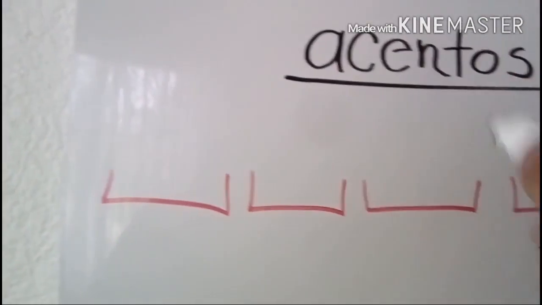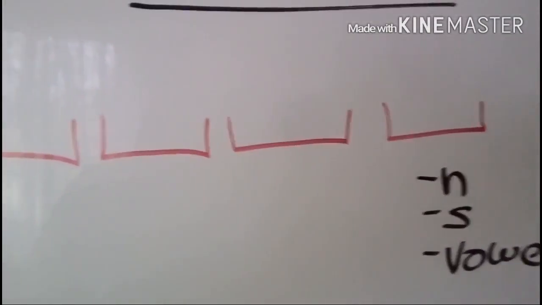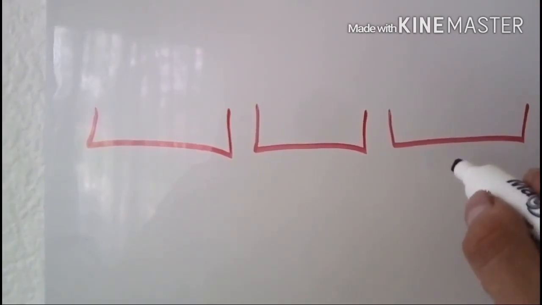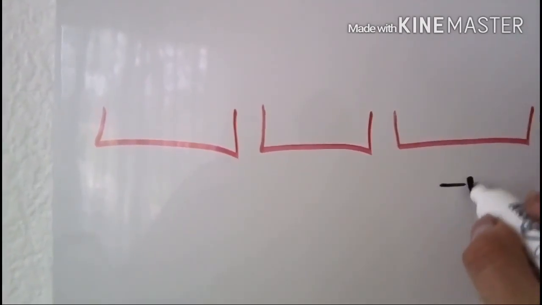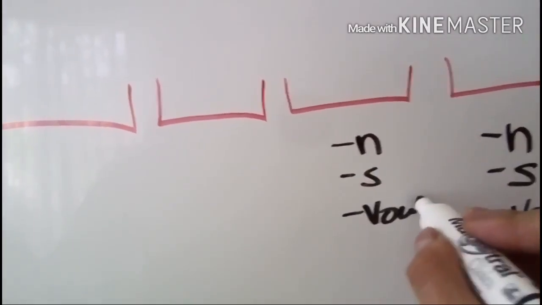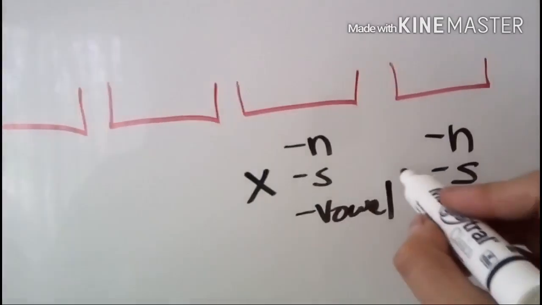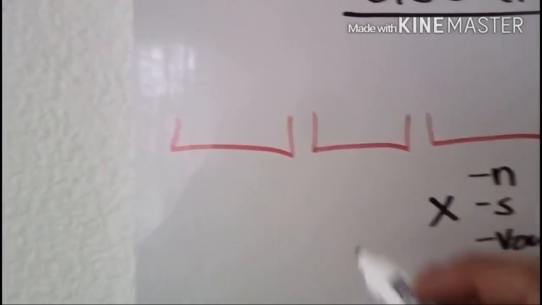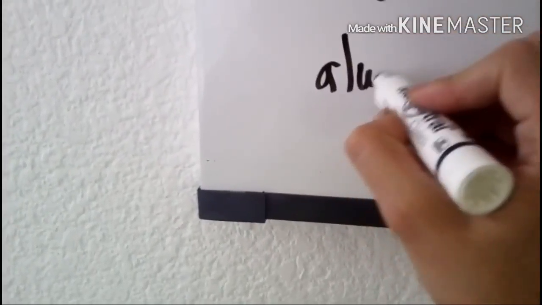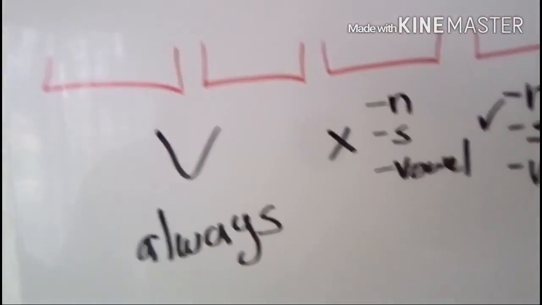If this penultimate, or previous, syllable ends in something different from N, different from S, and different from a vowel, this will not have an accent and this will have an accent. And in these two cases, it will always have an accent.